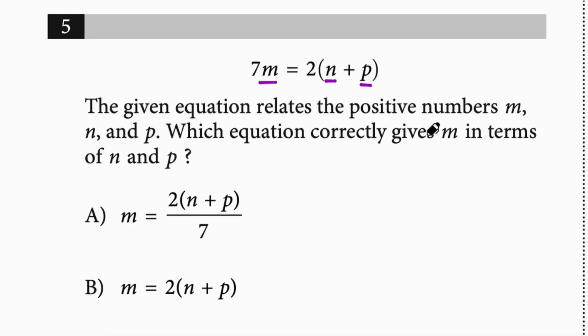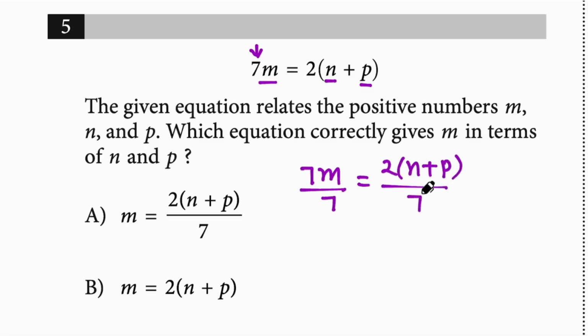But because we have to find n only, this 7 is not needed here. So we will divide by 7 on both sides. This 7 is cancelled and we are left with n is equal to 2m plus p by 7.